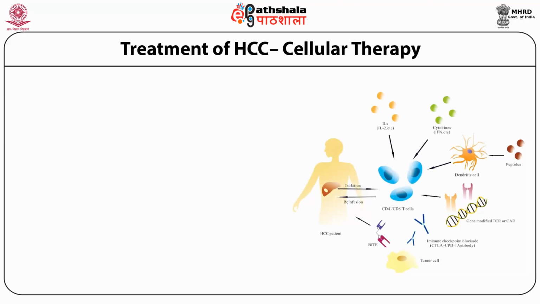Other than the therapies, why are cellular therapies important in HCC? They can achieve remarkable tumor clearance. T cell cellular therapy for HCC is important because you can isolate autologous T cells from the patient.